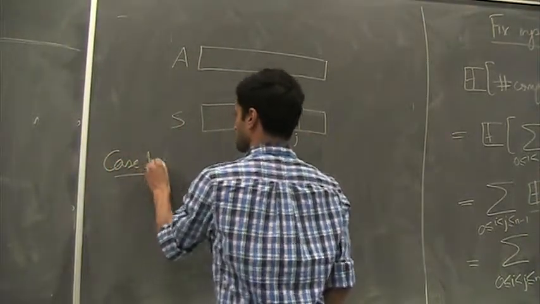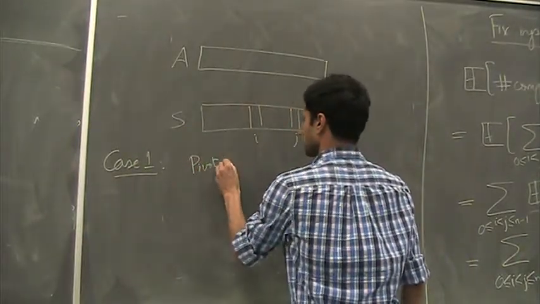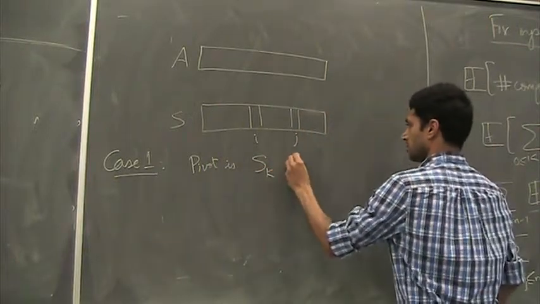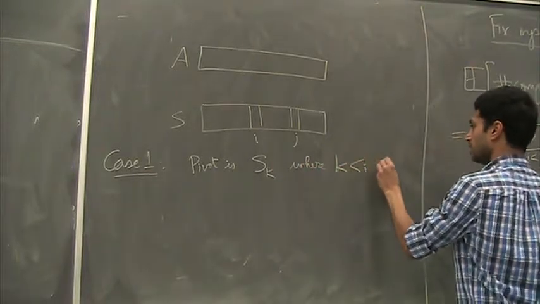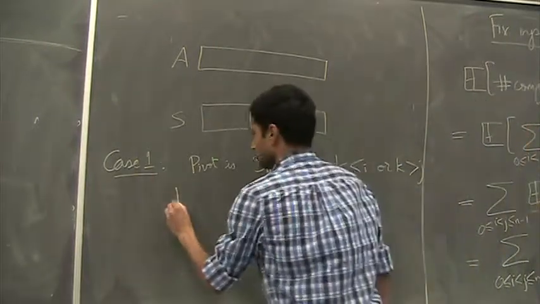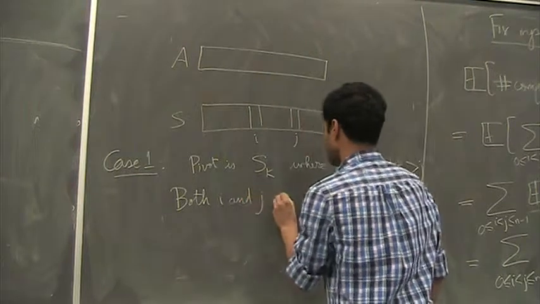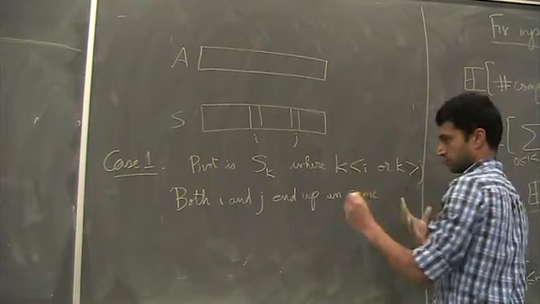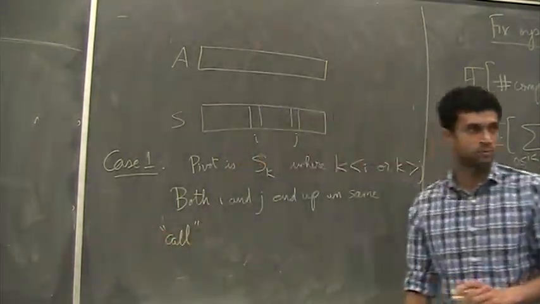So case 1, and there are really 3 cases, is the pivot is Sk, where k is less than i or k is greater than j. Then both i and j end up in the same column, right?